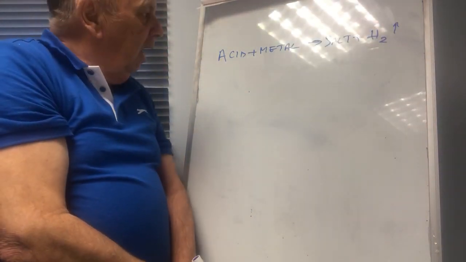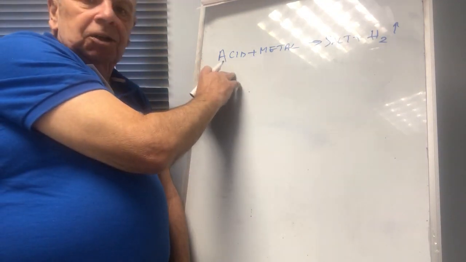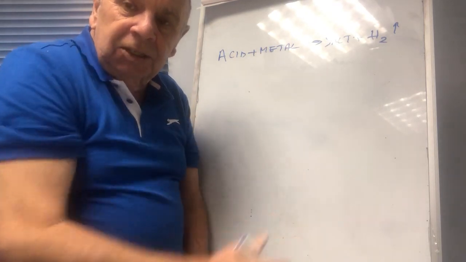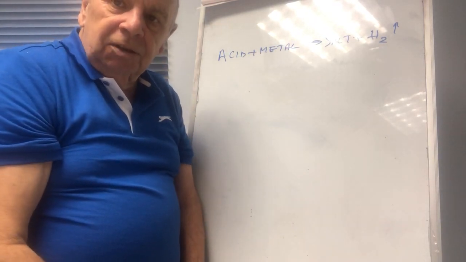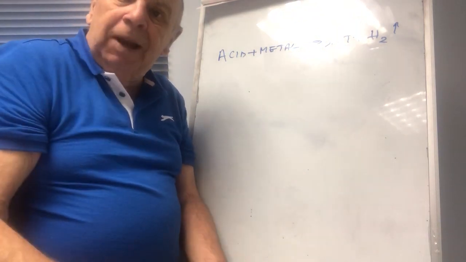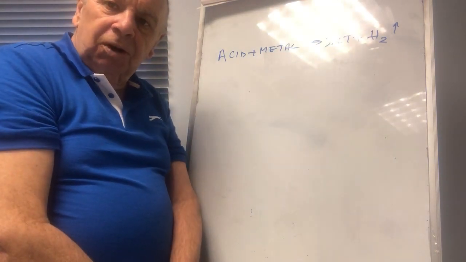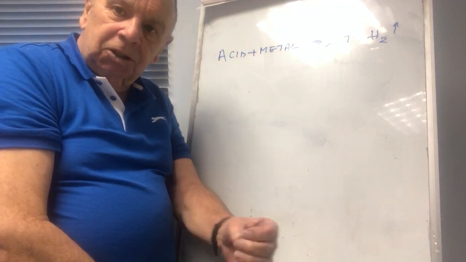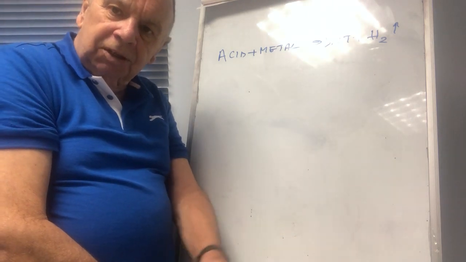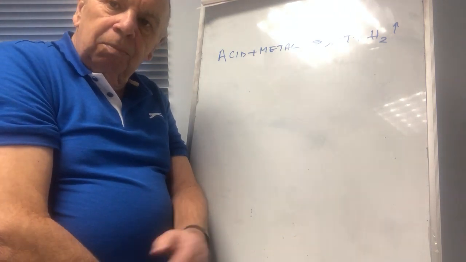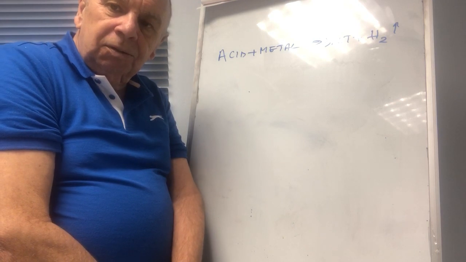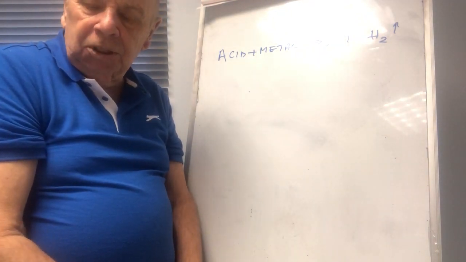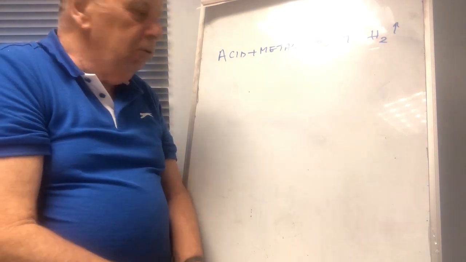So if I add an acid to a metal, it probably starts to fizz, and this gas that's coming off is hydrogen. It depends on the position of the metal in the electrochemical series, the reactivity series, but most metals combine with an acid to form a salt plus hydrogen. Let's look at an example.